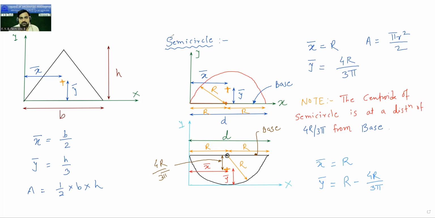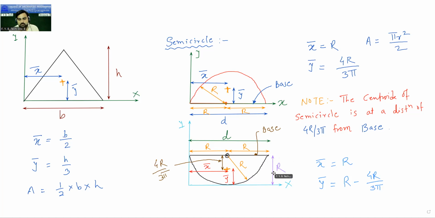But you also know what this total distance is, from this point up to here. This distance is the radius. This is radius. So I will move this.